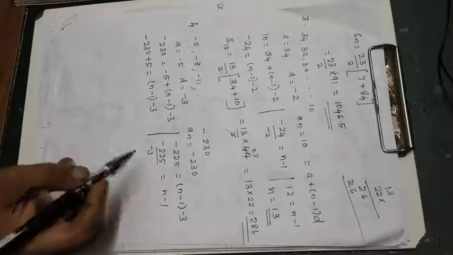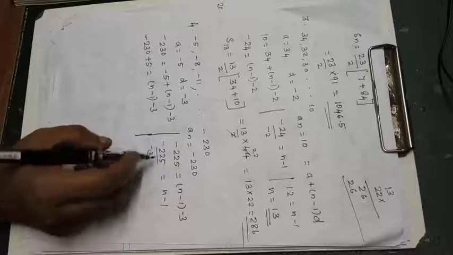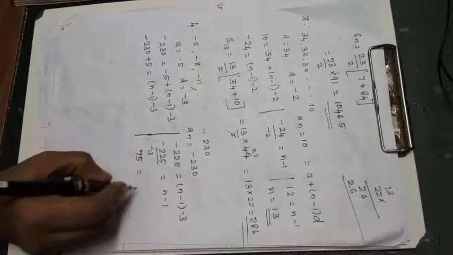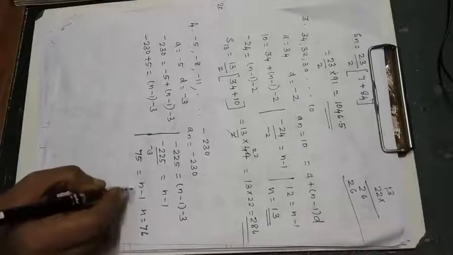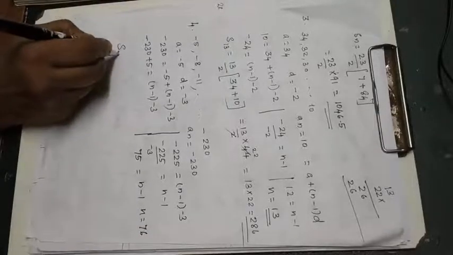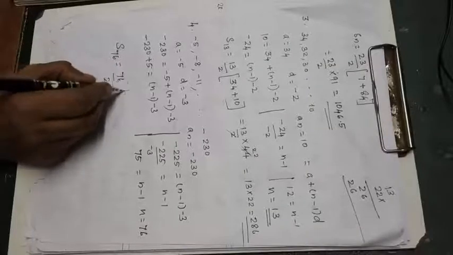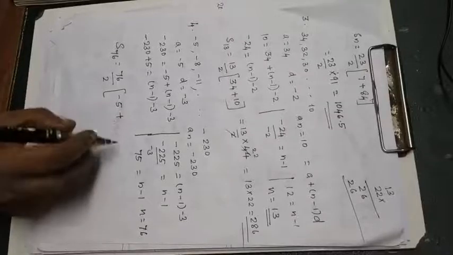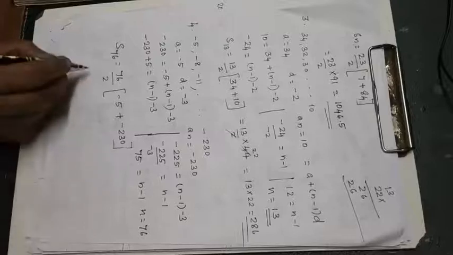So negative, negative, positive. So 75 is equal to N minus 1, or N is equal to 76. 75 plus 1, 76. Now yes, S76 you have to find out. So 76 divided by 2, A plus L, that is negative 5 plus negative 230.